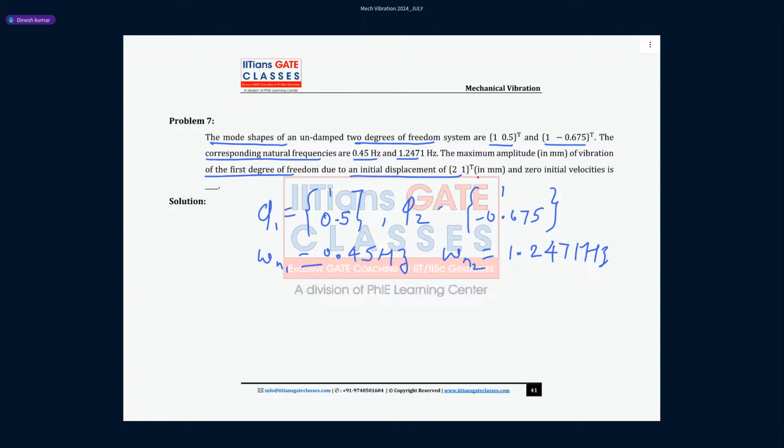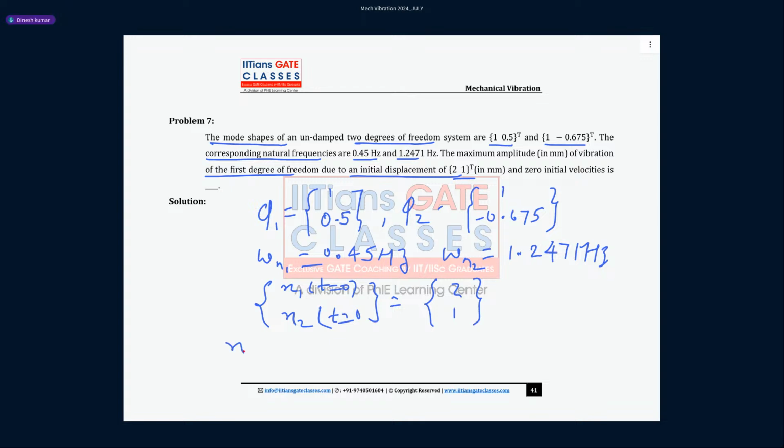What else they have given? They have given initial displacements of masses m1 and m2. So they have given x1 at t equal to 0 and x2 at t equal to 0 as 2 and 1. Now we know the response of first mass if the system is vibrating with combined mode.